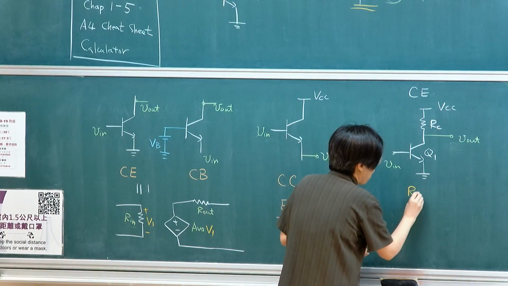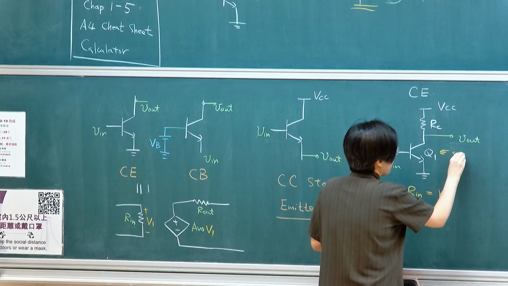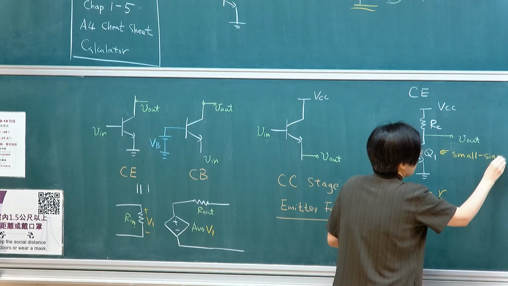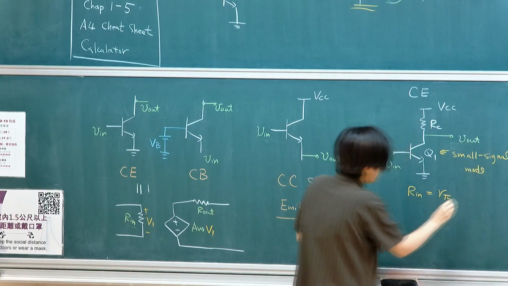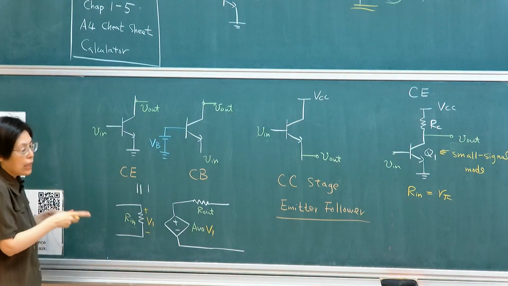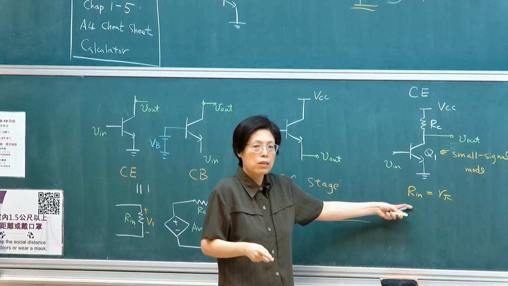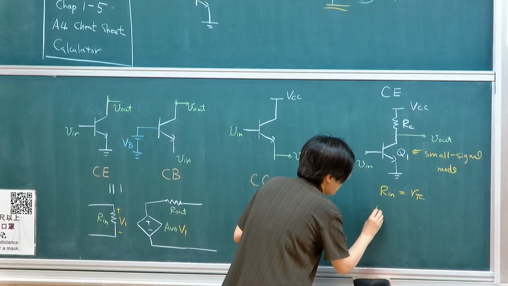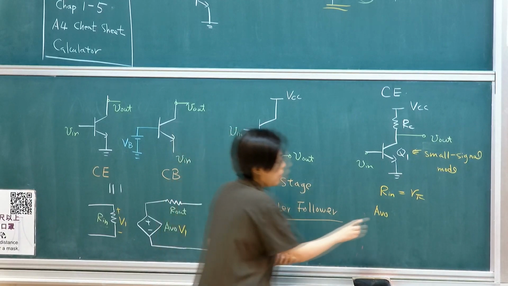So we already know that for Rin, we insert the small signal model. We did that last week, Tuesday. You insert a small signal model, and we have already established that if you're looking into the base, you will see an input resistance of R pi. You will then have a voltage gain, AVO, meaning that this is not connecting to anything.